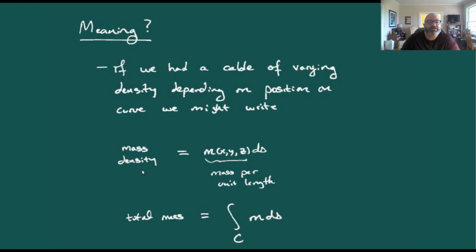Then we might write the mass density as mass per unit length, m(x, y, z), and ds being our arc length function. If we wanted the total mass of that cable, we would add up all of those infinitesimal little pieces of mass, m ds over our curve C, and that would give us the mass of that cable along that line.